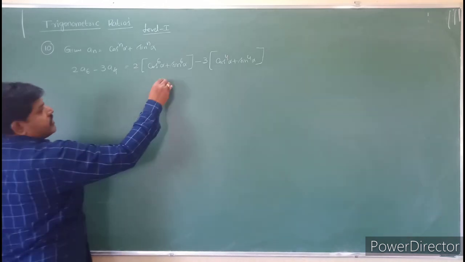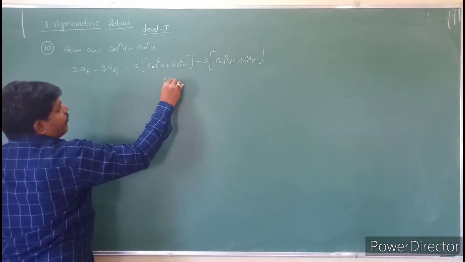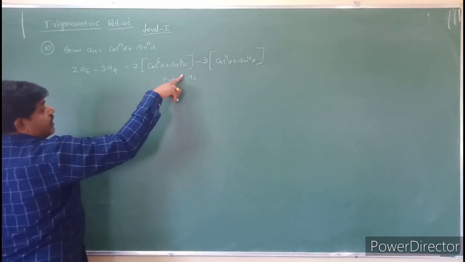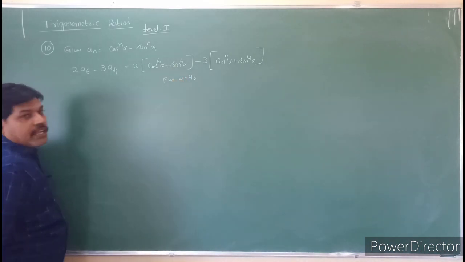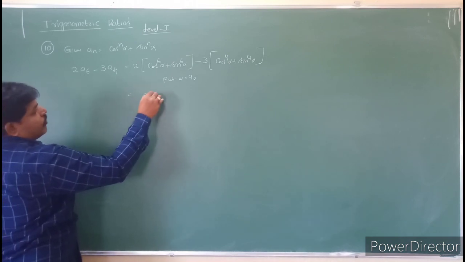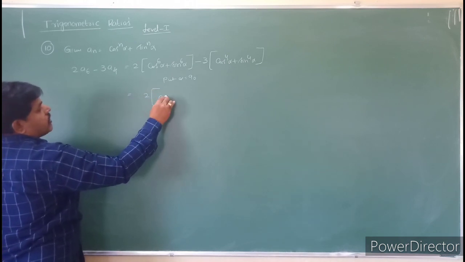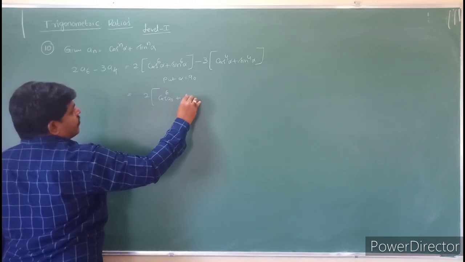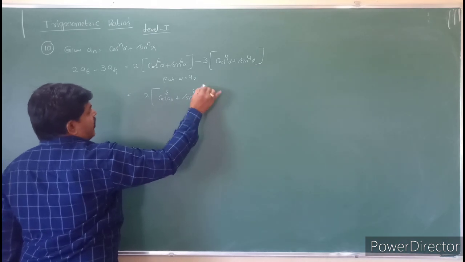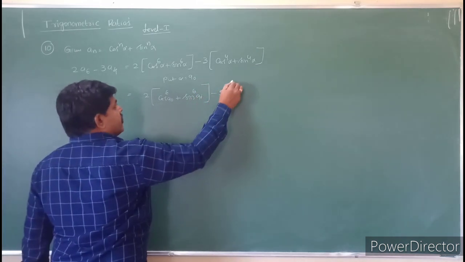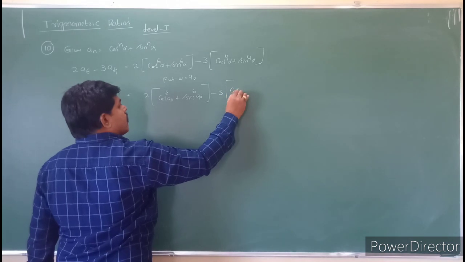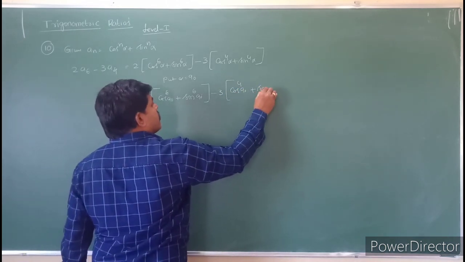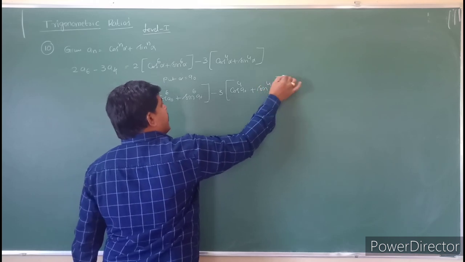So without simplification, you can put theta is equal to 90, what happens? Not theta, put alpha is equal to 90. That is equal to 2 into cos 90 whole power 6 plus sin power 6 of 90, minus 3 into cos power 4 of 90 degrees plus sin power 4 of 90 degrees.